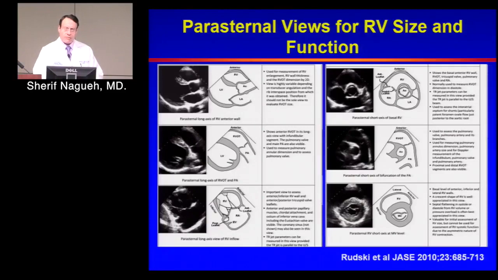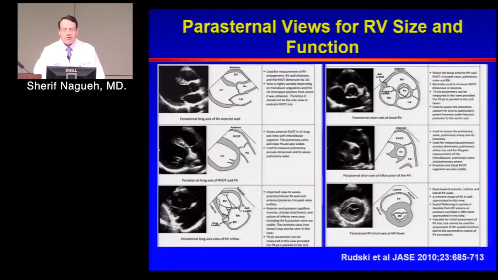Why may the measurements not be very close to one another or identical? Because a lot depends on how oblique these views are and how perpendicular we are, for example, in the parasternal short axis views. Because of the difficulties of making sure of the planes you are sectioning the ventricle, most labs will not use these quantitative measurements.